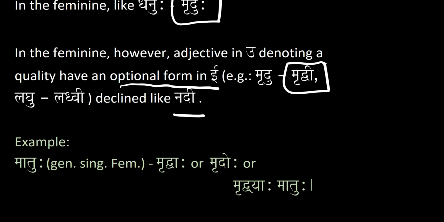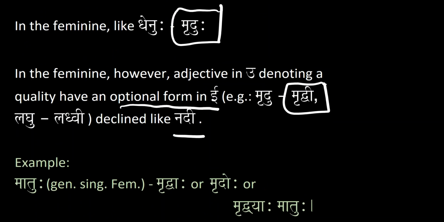So we have our examples here. The noun that we are trying to describe here is matuhu, which in the example is genitive, singular, and feminine. These two examples are declined like dhenuhu.